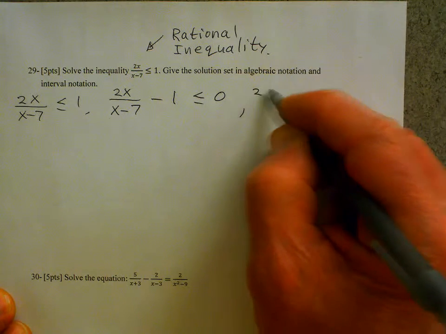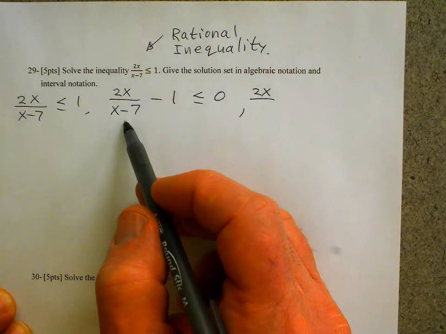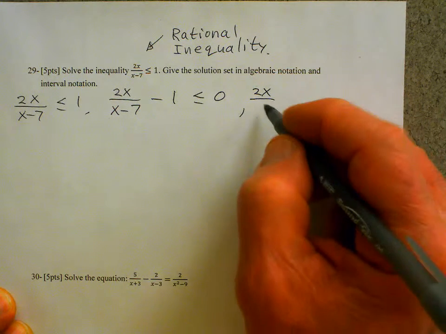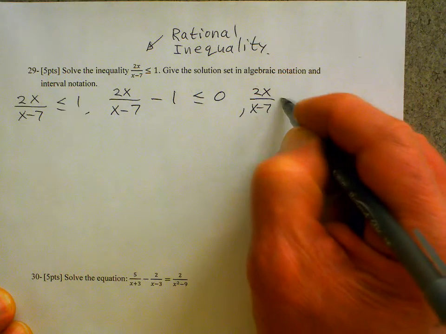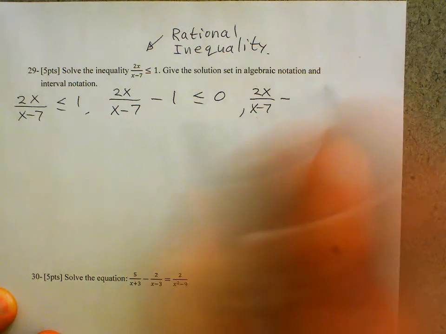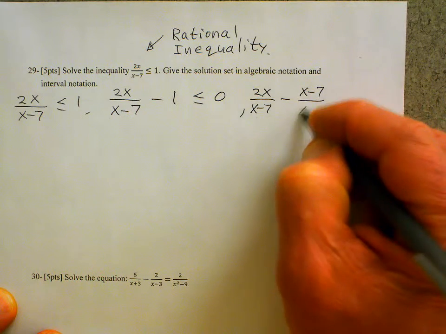Okay, so the least common denominator is x minus 7. So this will become 2x over x minus 7 minus 1 in the form x minus 7 divided by x minus 7.